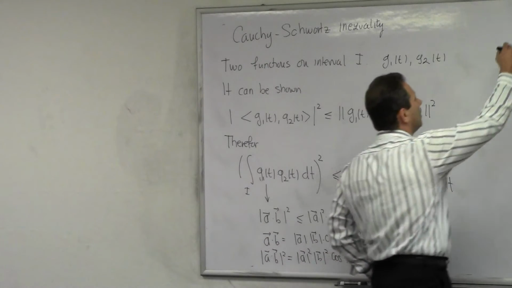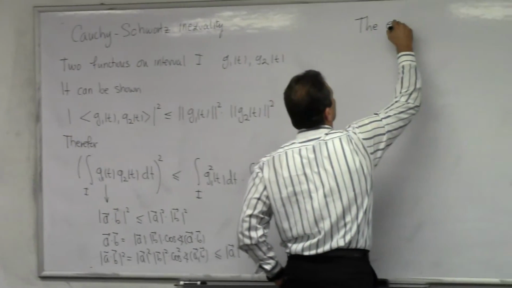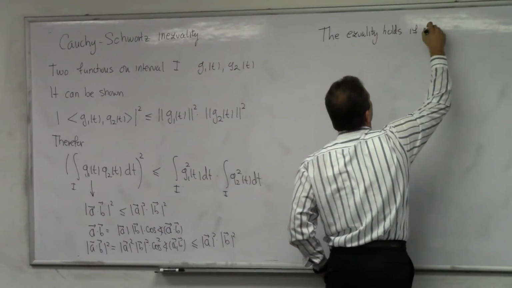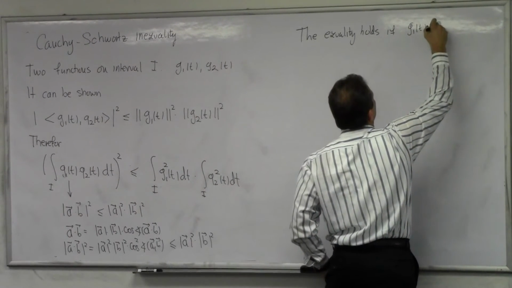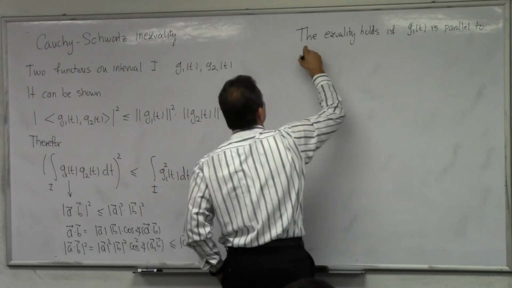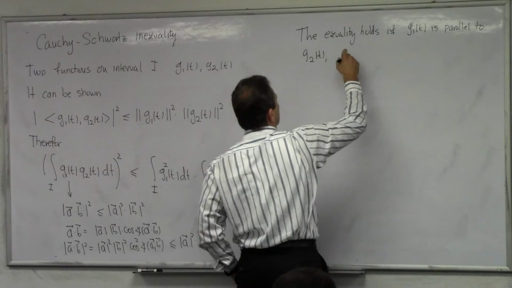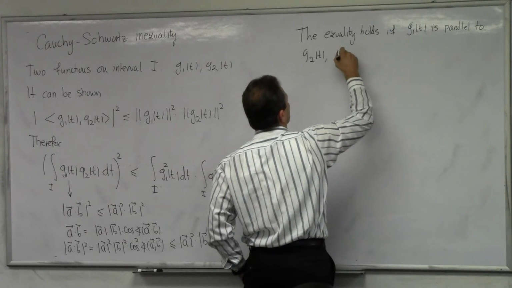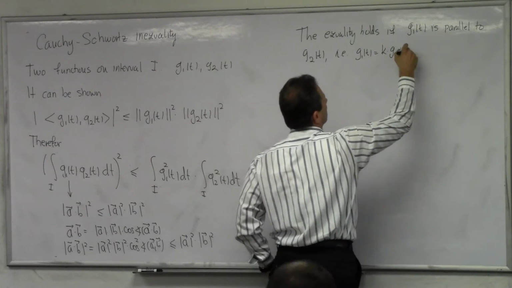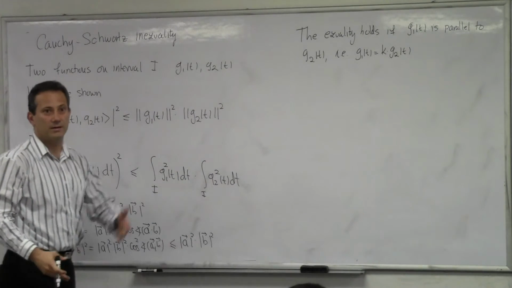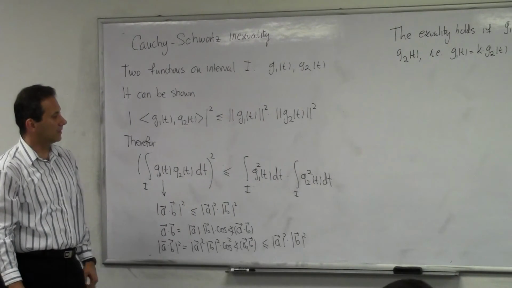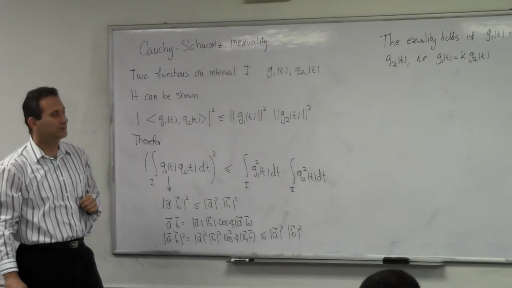So the equality holds if g1 of t is parallel to g2 of t. When it comes to functions, as with vectors, that means g1 of t is equal to some constant times g2 of t. They are the same, just with a different constant multiplier. We have everything now that we need.